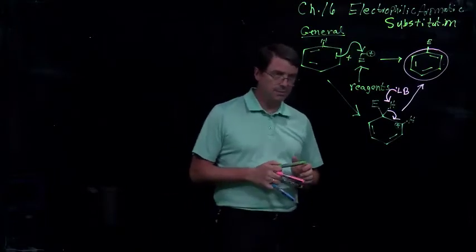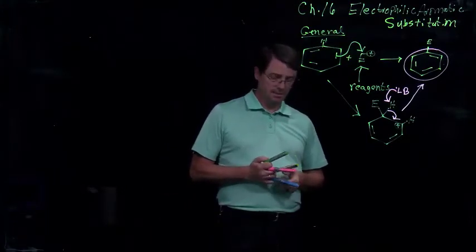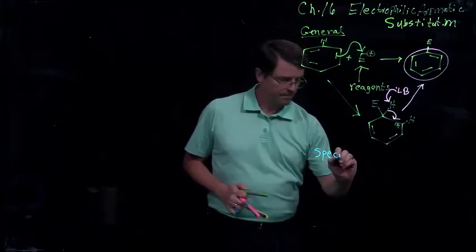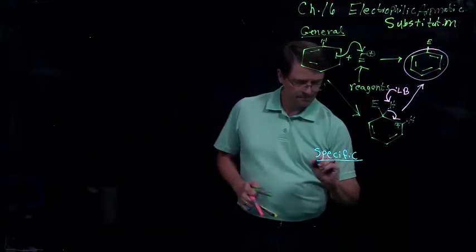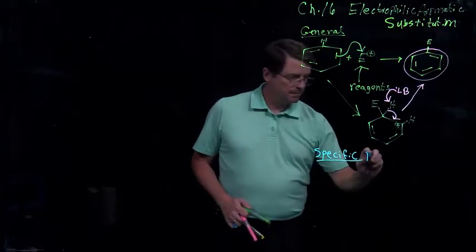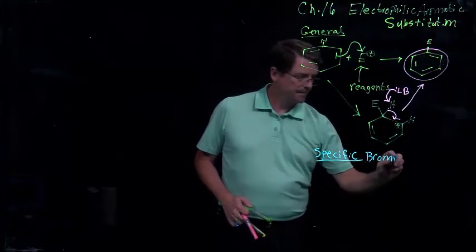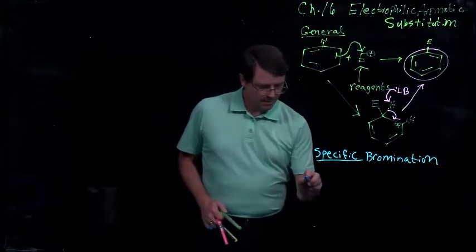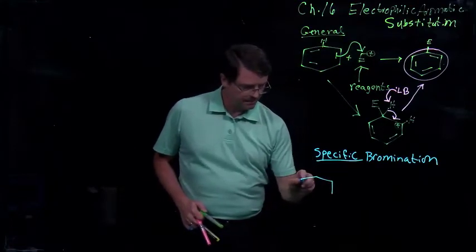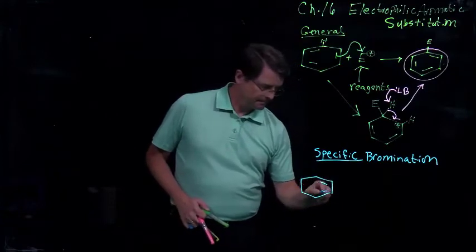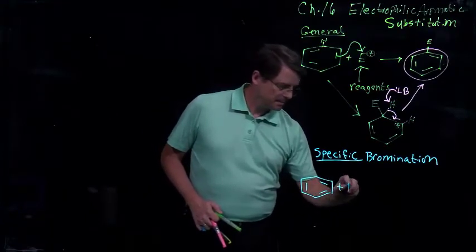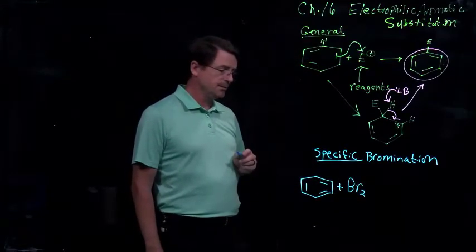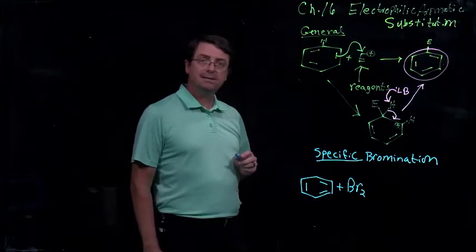All right, so the first of the specific reactions that we're going to deal with is bromination. In bromination, we have benzene plus Br2. But if you recall from the beginning lecture in chapter 15, these two just sit and stare at each other.